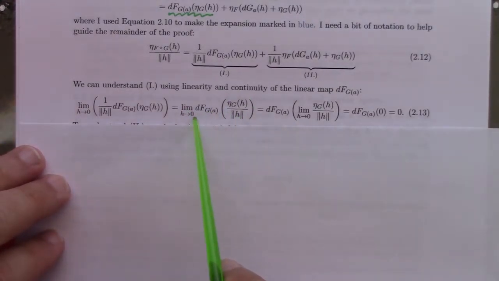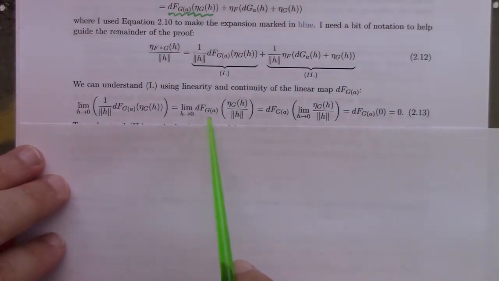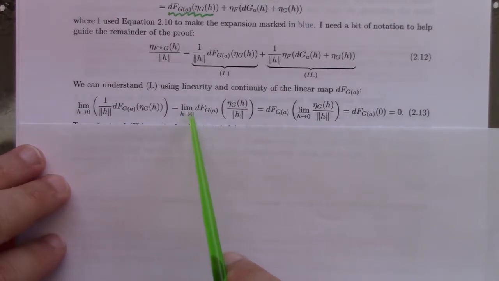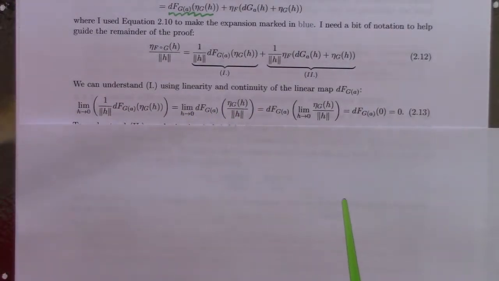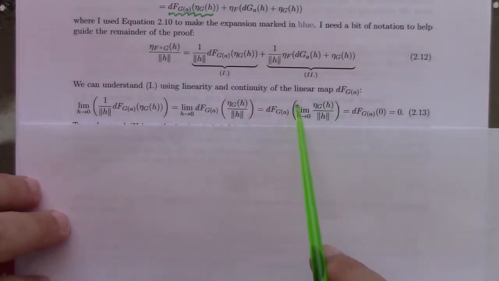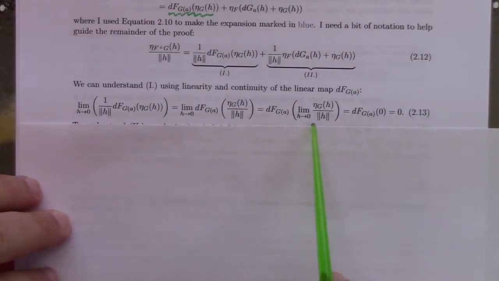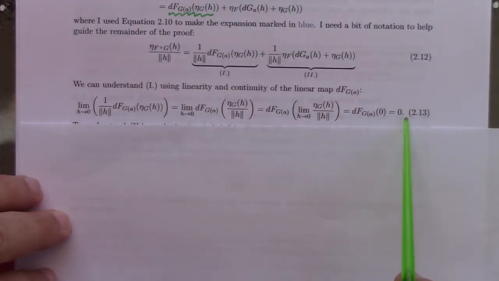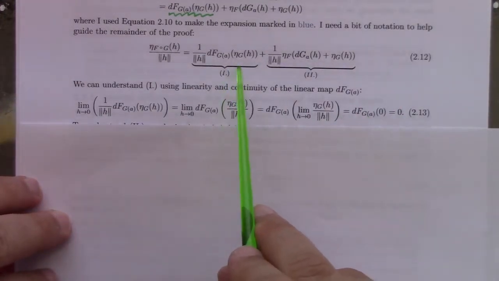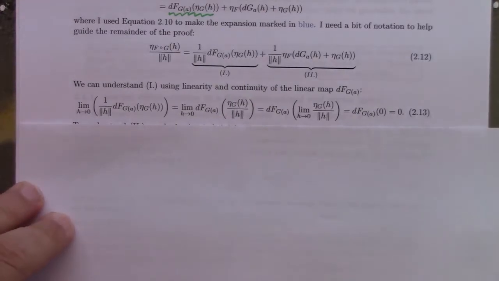Now, we can prove that linear transformation is continuous, and so I can bring the limit inside the continuous function by the composite limit rule for continuous functions. And then that's 0 by differentiability of g. And so we have the differential of g of a acting on 0, which is 0. That suffices to show that this one piece goes to 0.